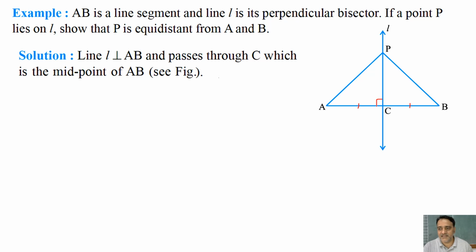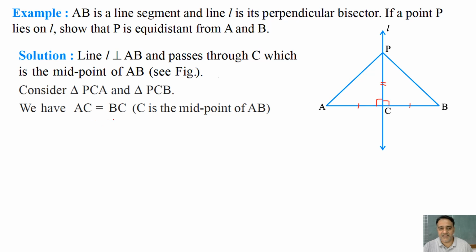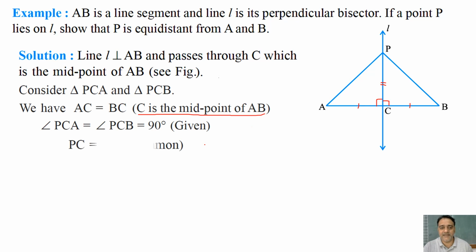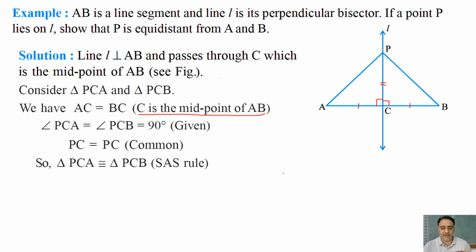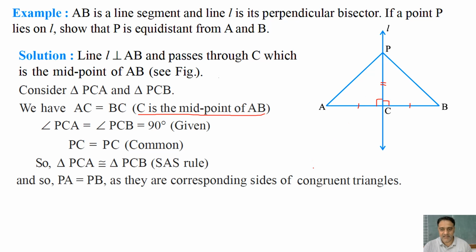And these two angles are 90 degrees. And this is common. AC is equal to BC because C is the midpoint of AB, and these two angles are equal, each 90 degrees, and PC is common. So these two triangles are congruent by which criteria? SAS. Very good, SAS. So therefore PA is equal to PB by CPCT. Hence P is equidistant from A and B.